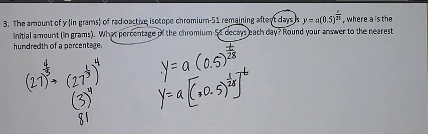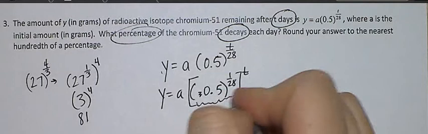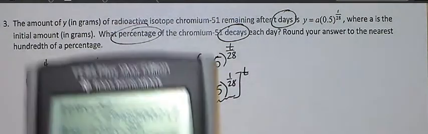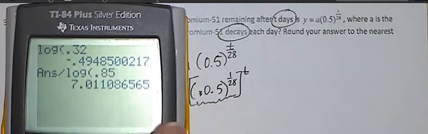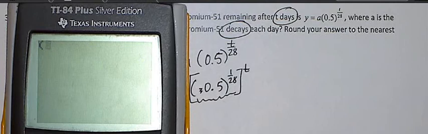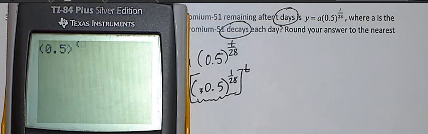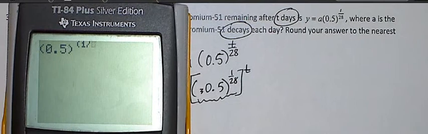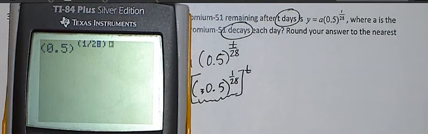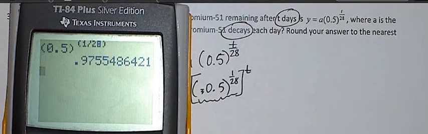So let's first figure out this portion right here. We're going to use parentheses together. So in parentheses, 0.5 raised to the, in parentheses again, 1 divided by 28. I want to see who is following along and if you are able to get this answer.